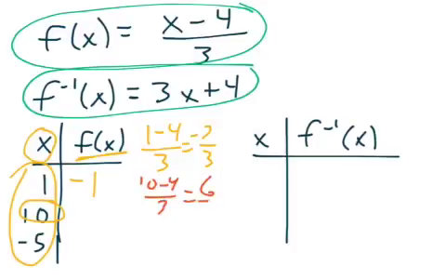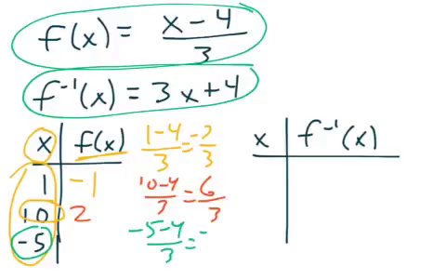Well, that's 6 divided by 3, which is 2. And then finally, one more. Let's do negative 5. Negative 5 minus 4 divided by 3 is negative 9 divided by 3, which is negative 3. So hopefully you guys are getting better at plugging in numbers, evaluating, as we say.